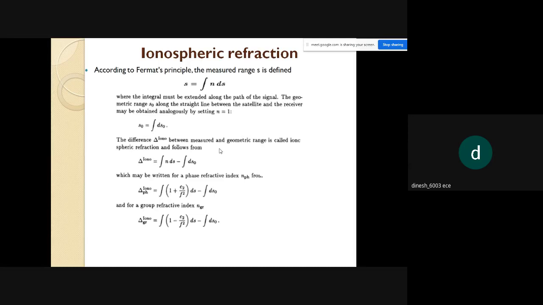So the measured range according to Fermat's principle is that S is equal to integral of n ds.